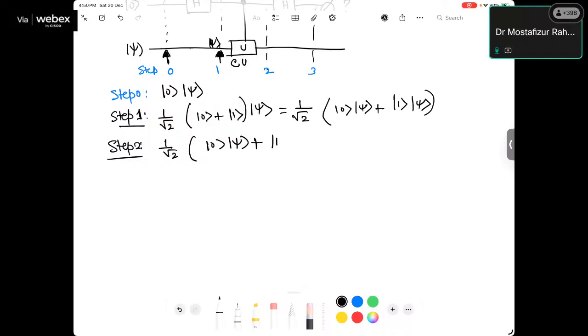So that means 1, and basically r theta, some particular phase, that phase of the U theta gate will be multiplied here on the state psi, right? So this r theta is basically a rotation gate with angle theta, right?